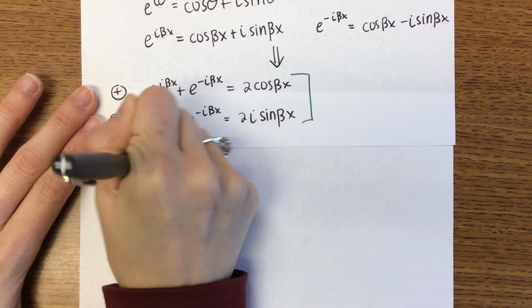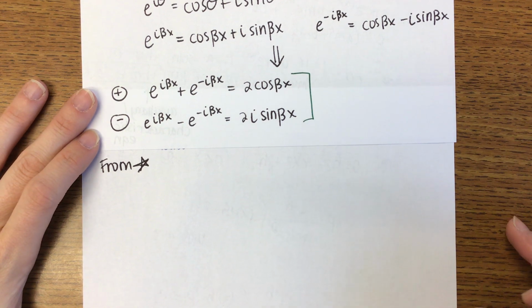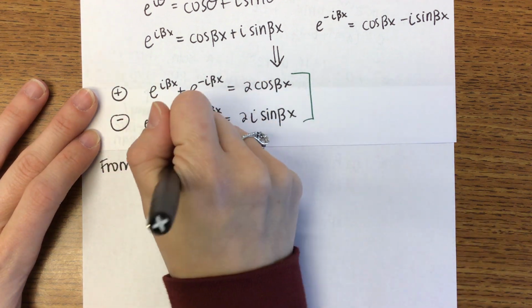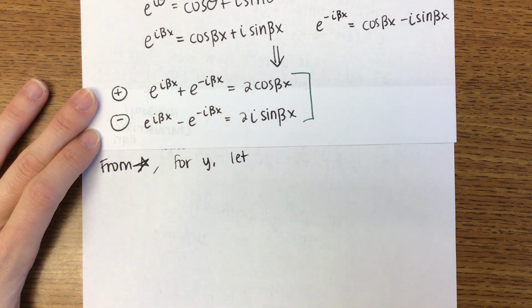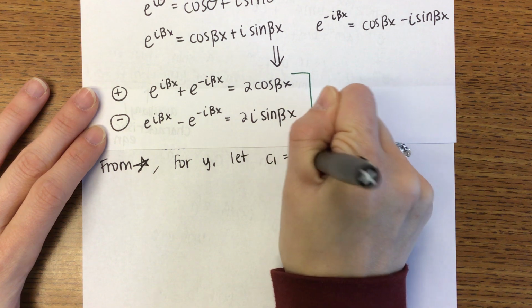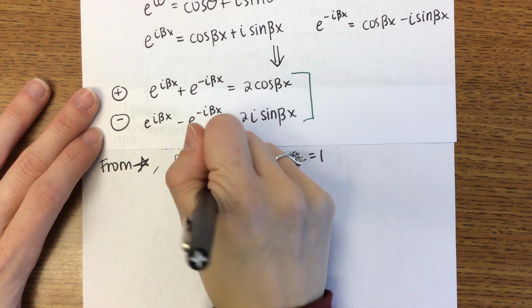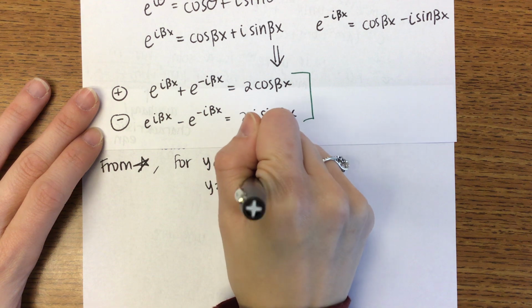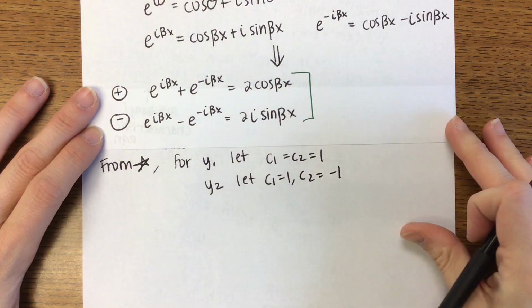We're going to return to that star equation. For y1, if we want to find y1, we are going to let c1 equal c2 equal 1. For y2, we're going to let c1 equal 1 and c2 equal negative 1.